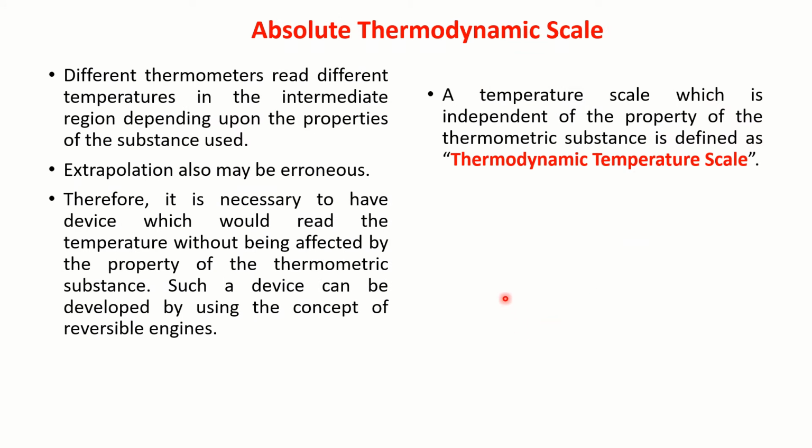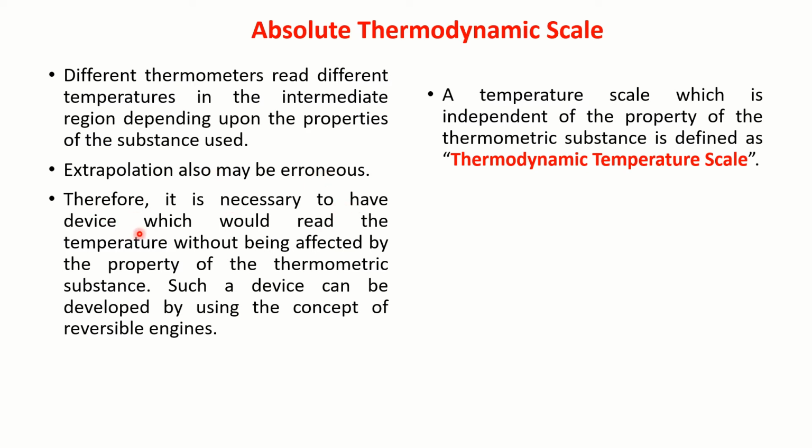So different thermometers read different temperatures in the intermediate region depending upon the properties of the substance used. I have clearly explained this on this coordinate system. So the extrapolation also may be erroneous.